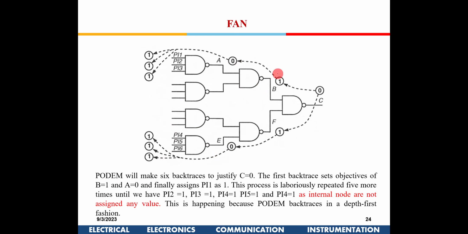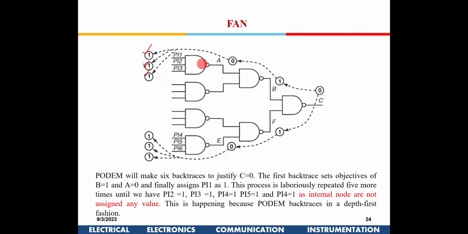For example, if you take this particular thing and you are running PODEM, if I require a 0 here, it will push a 1 here first, and to get a 1 here, it will put a 0 here, and then it will assign 1 to this particular input, and then come back for the 0 here. I want a 0 here, so I will assign the second input as 1 and the third input as 1.